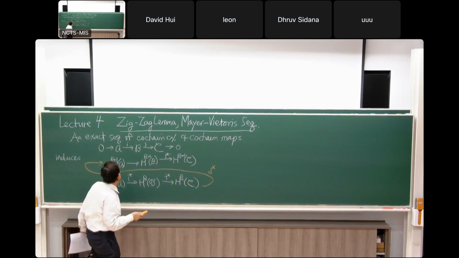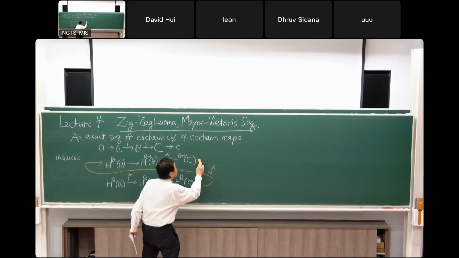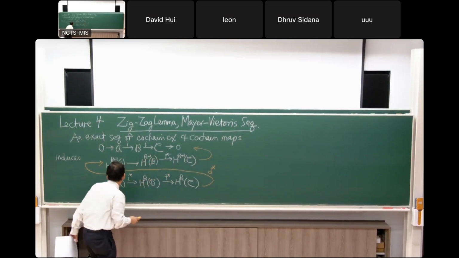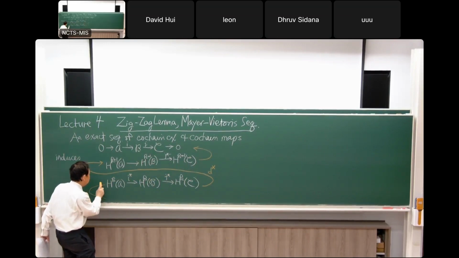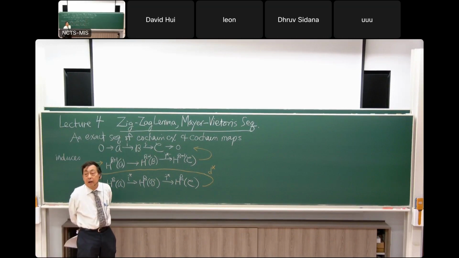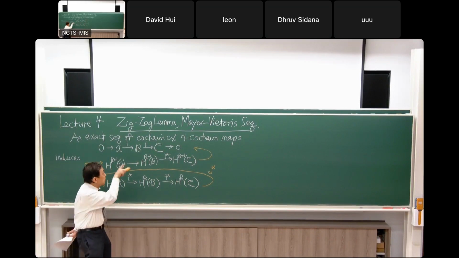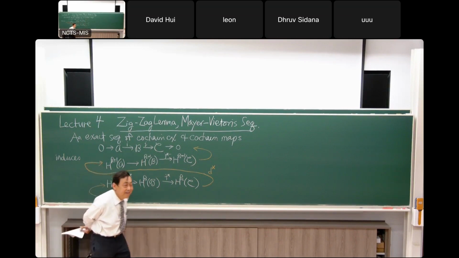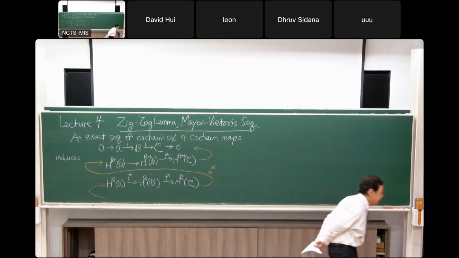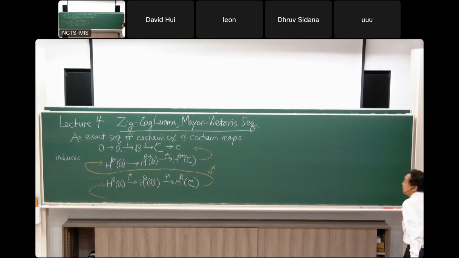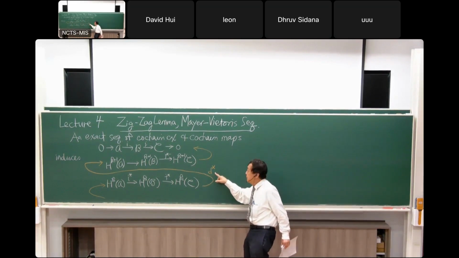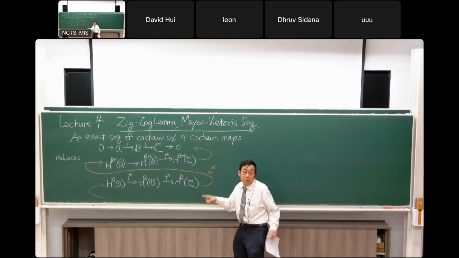In this way, you can connect together all the rows, and so you get just one long sequence. The theorem is that if you start with a short exact sequence, then this long sequence will be exact.